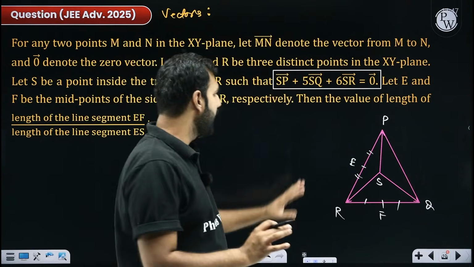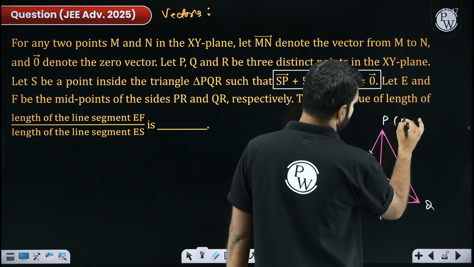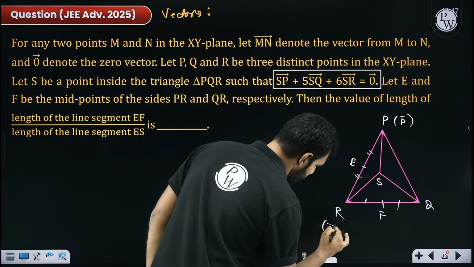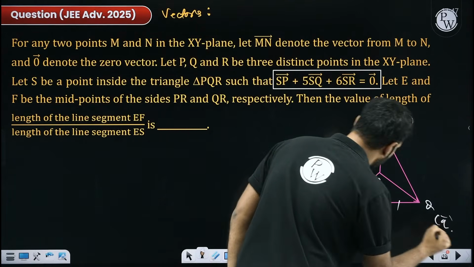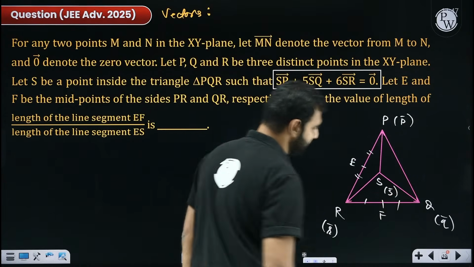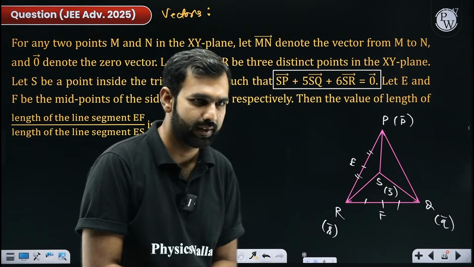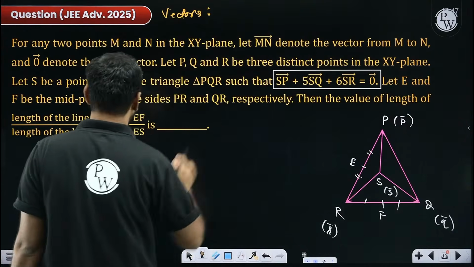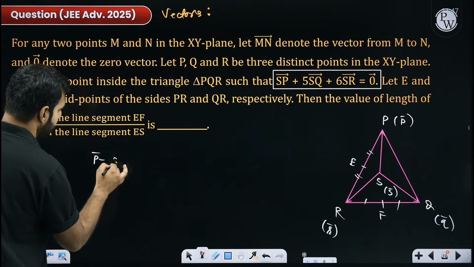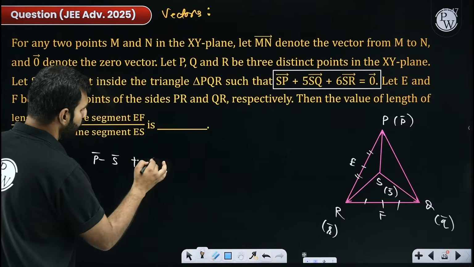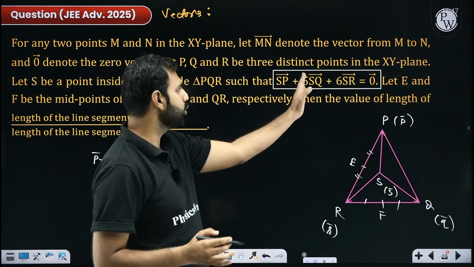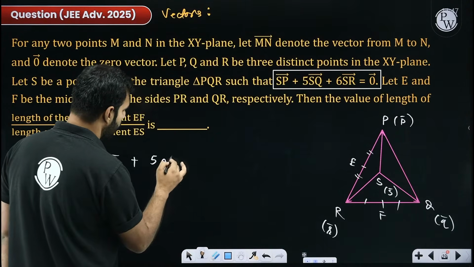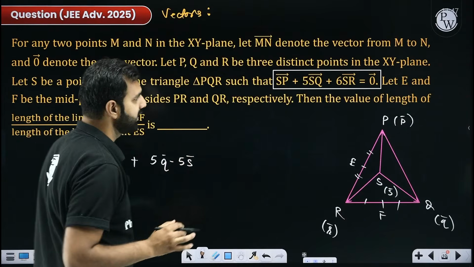I am taking position vector of P as small p, position vector of R as small r, position vector of Q as small q, and position vector of the point S as small s. I hope you are comfortably fine with that. Now with that, SP will be vector P minus vector S. 5SQ will be 5 times vector Q minus vector S, so it will be 5q minus 5s. I hope everybody is getting that.